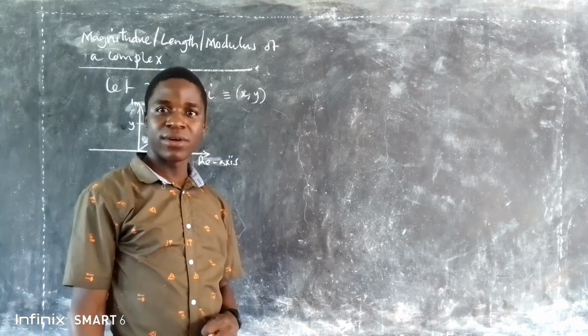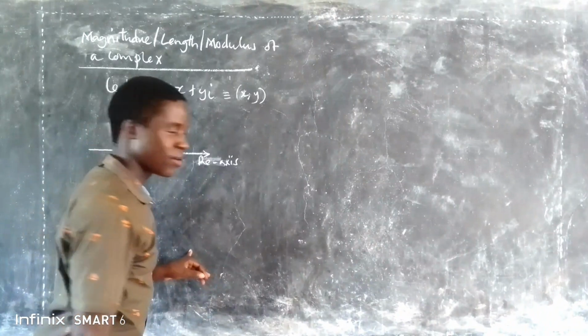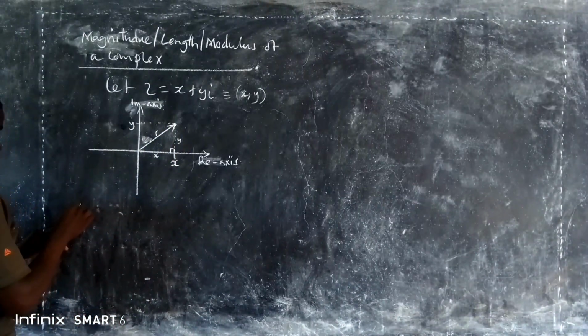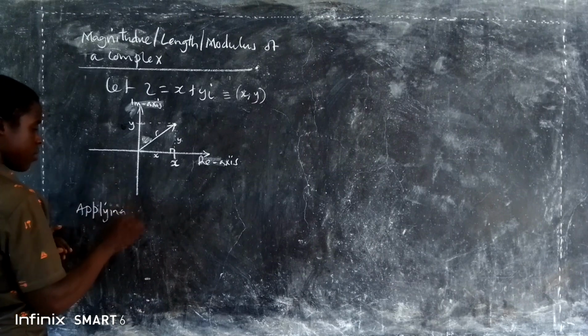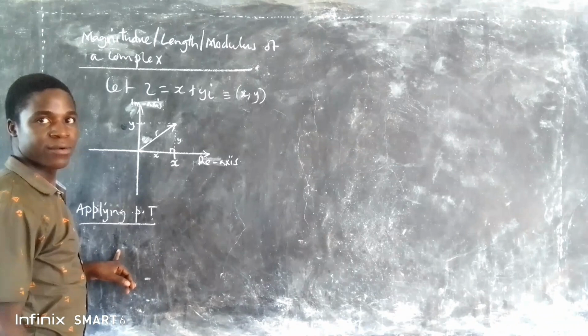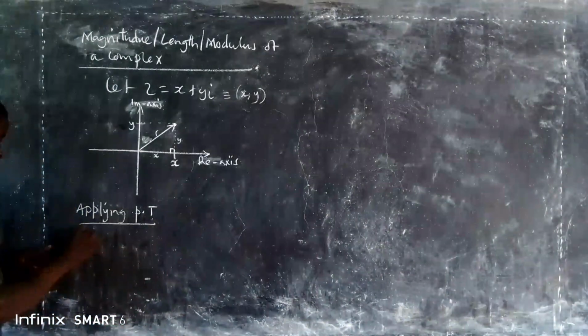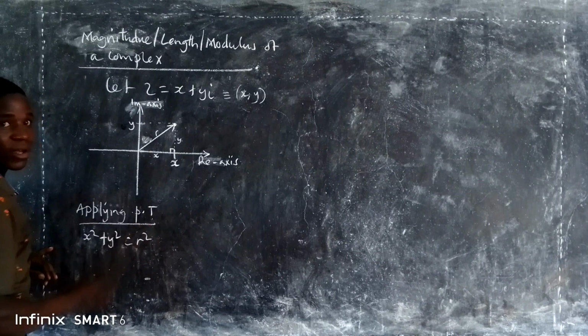So let us use Pythagoras' theorem because this angle here is 90 degrees. When we apply Pythagoras' theorem, x squared plus y squared equals R squared.